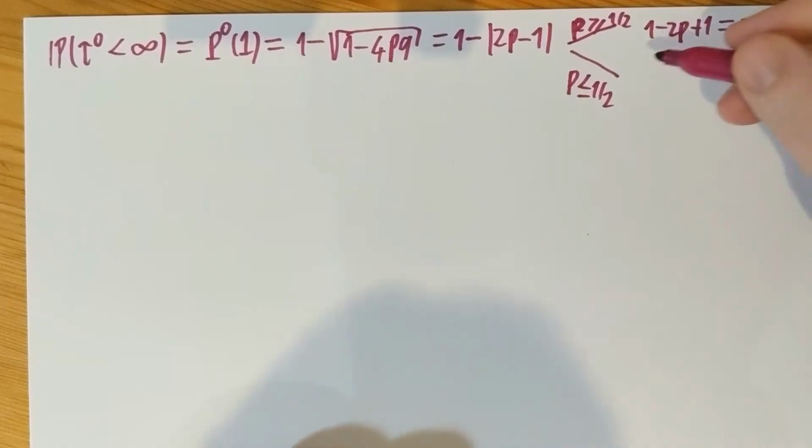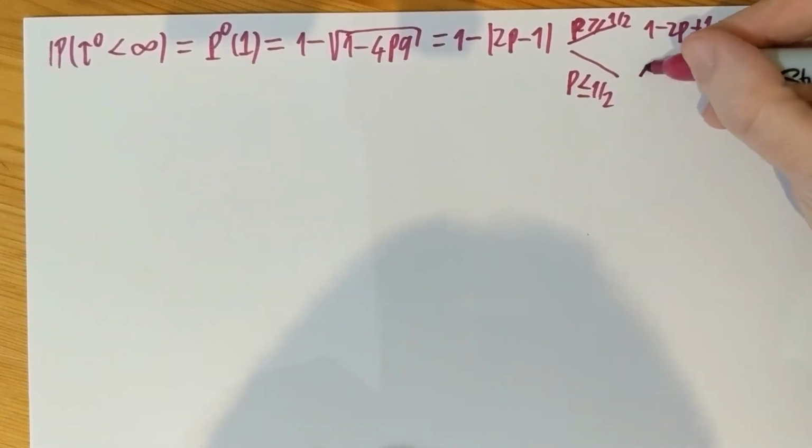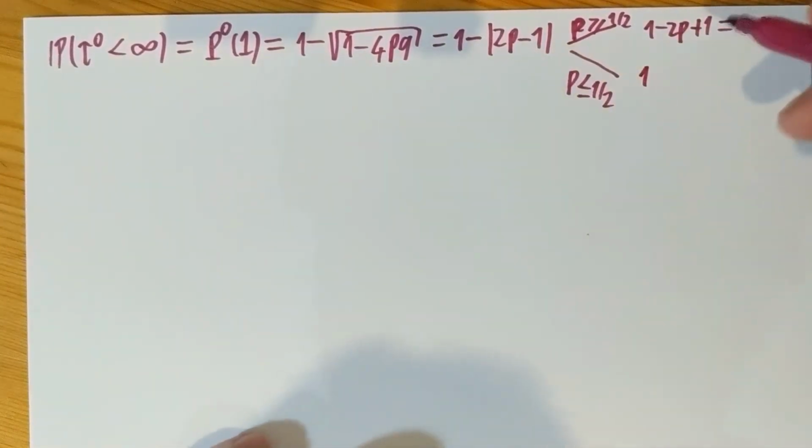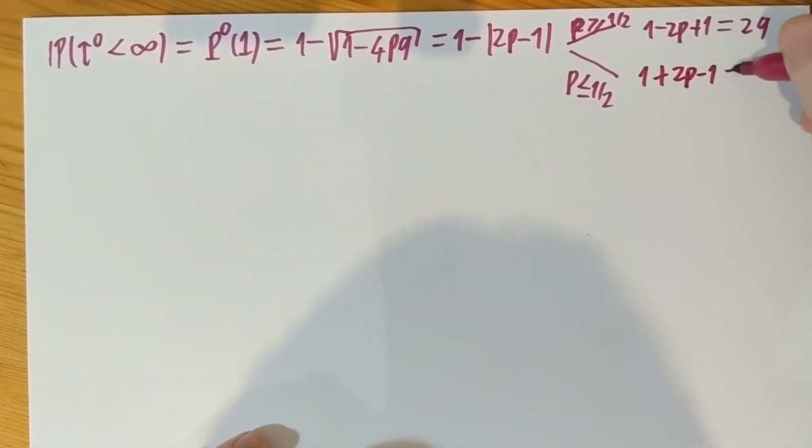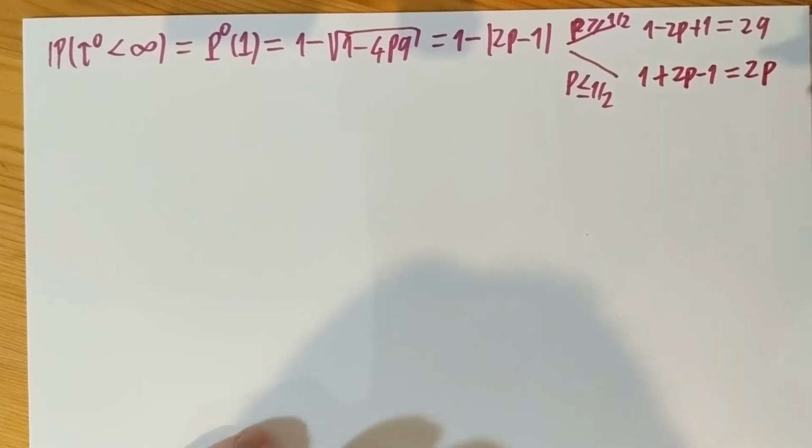And if p is less than or equal to 1/2, then the 2p minus 1 is negative, so the mod changes sign, and that just ends up being 2p, which is again a probability, smaller than 1, because p is less than 1/2.